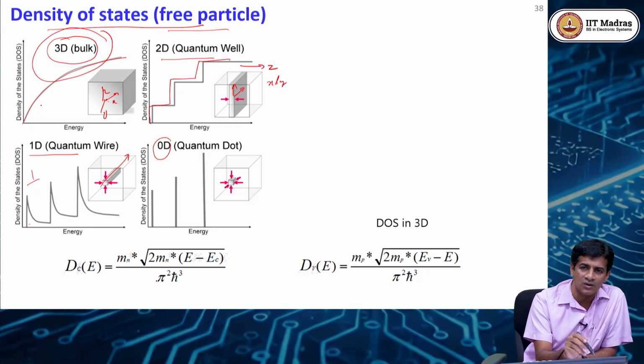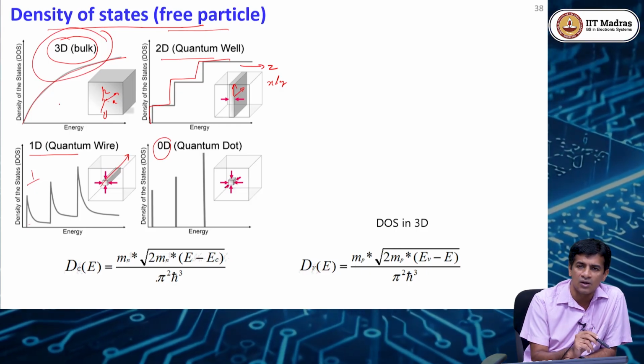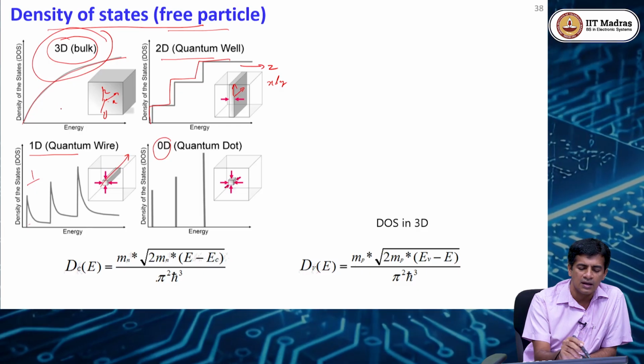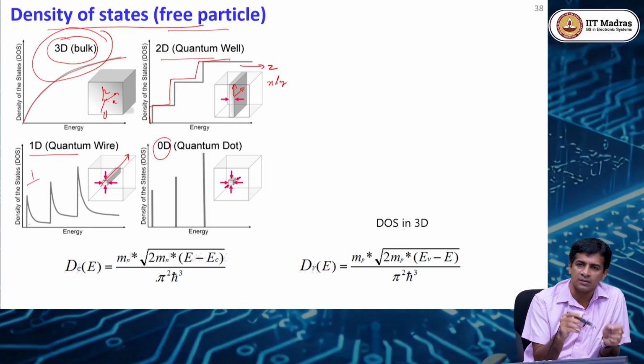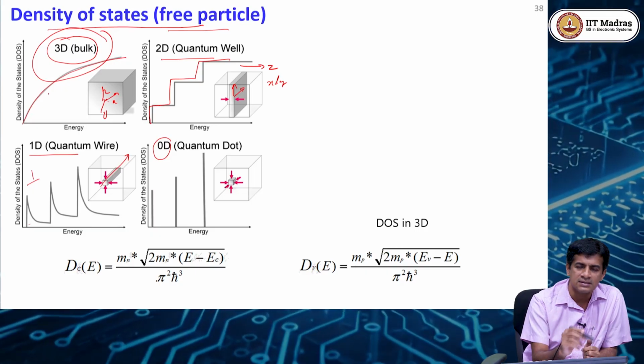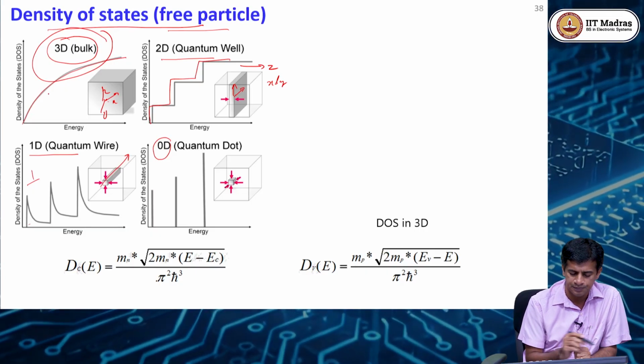We take this result and use it in the context of silicon. Even though it is not exact, at the bottom of the conduction band and the top of the valence band, this is a good approximation.